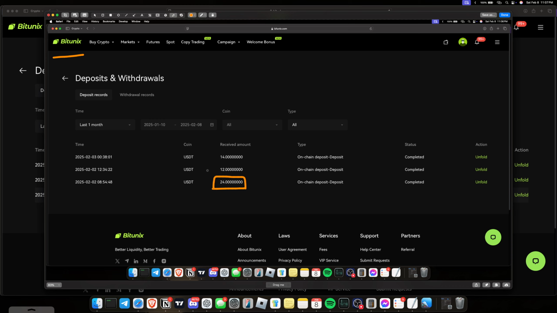Now, with this, I deposited $24, and on your first trade, you always have to risk 50%. Here's the thing though: I know people are going to say, why would I risk 50%? You're not doing proper risk management. You have to understand, okay? You're doing a small account challenge. If I trade my main personal account with more funds, I only risk between 1 to 5%, and if I risk higher, 8% is probably the max.